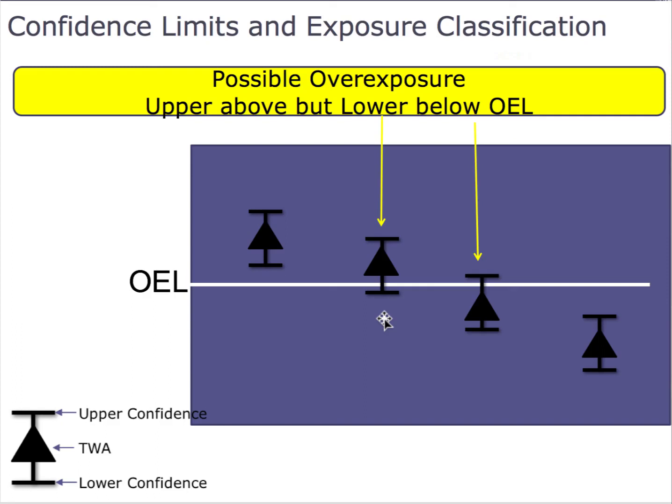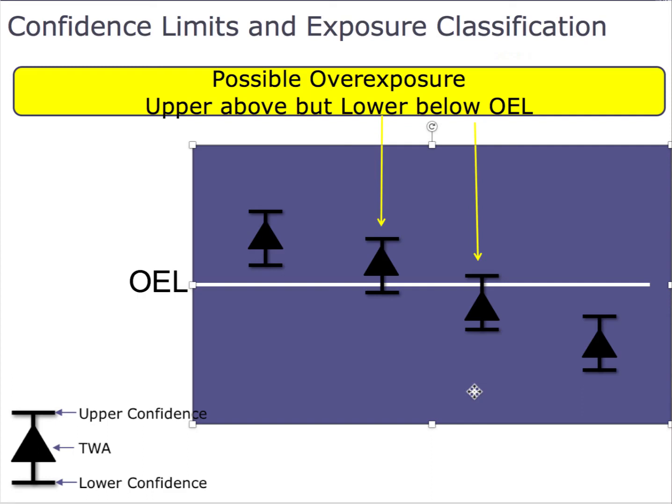And that's because there's errors associated with our sampling, and there's errors in precision associated with the laboratory equipment itself. And again, here's the one where we're most likely to make an error: where our time-weighted average is below our OEL, and if we strictly interpreted it, we may believe that a worker was in compliance.